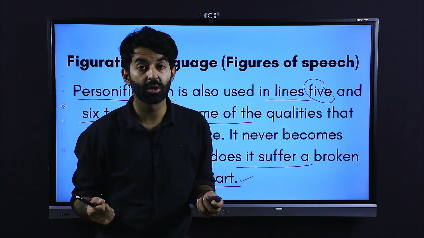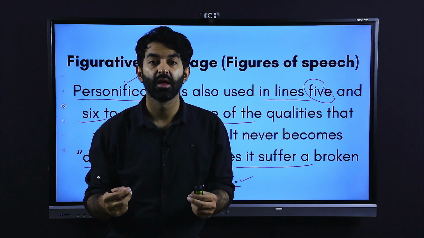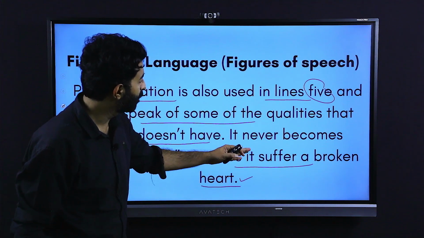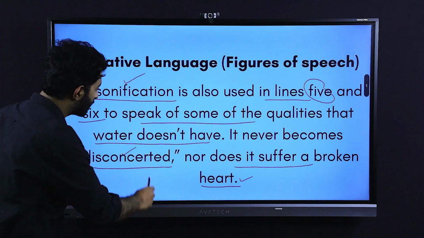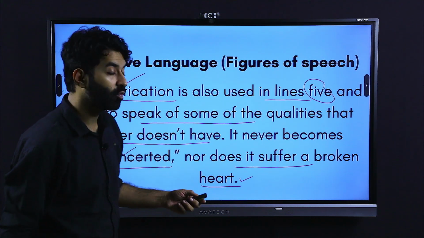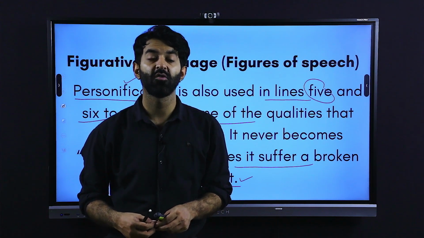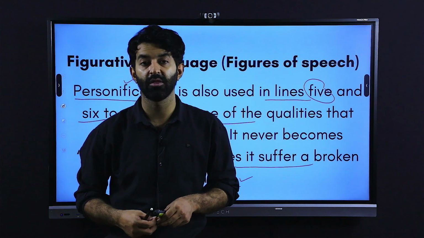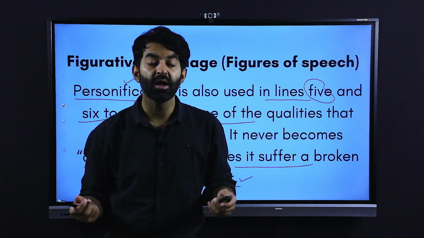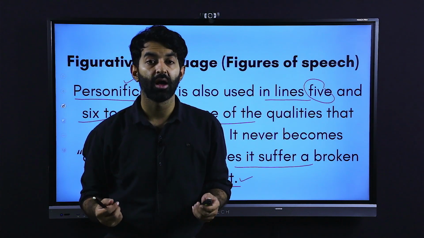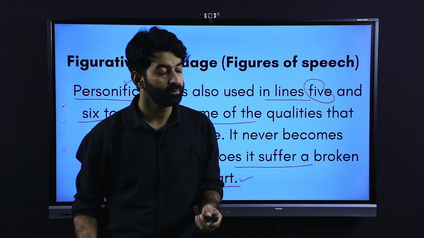We found out that water is personified, and it talks about having a broken heart and never becoming disconcerted like humans do. So this way we can say that the figure of speech personification is used, and water is personified by the poet. And this makes it clearly a very good example of a use of figurative language in any poem.